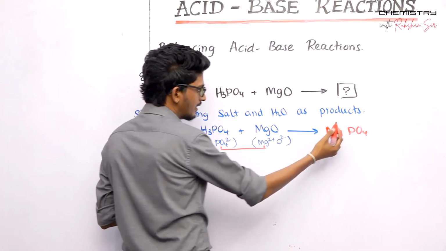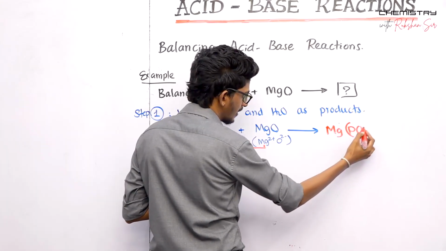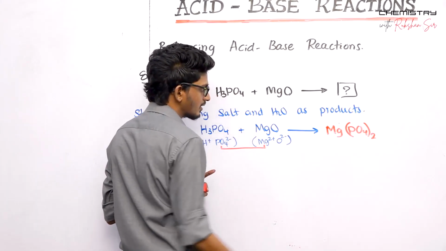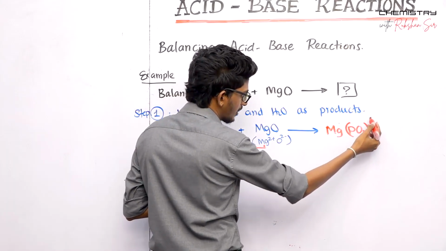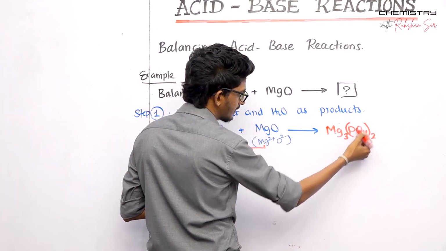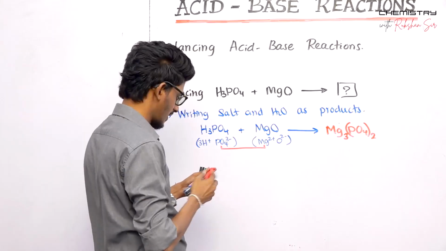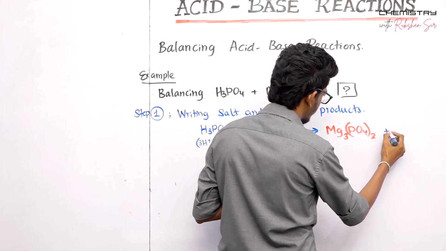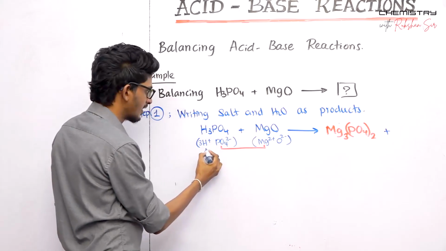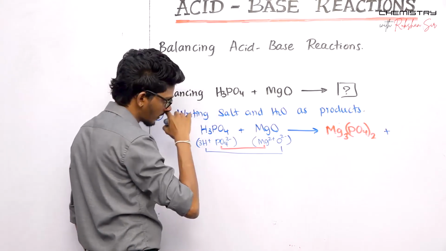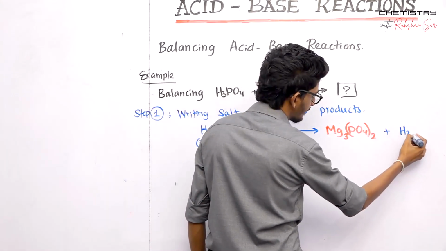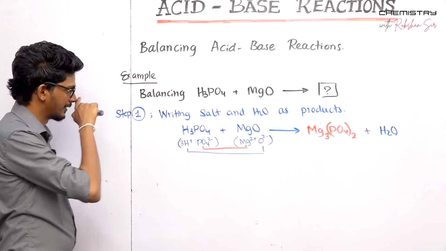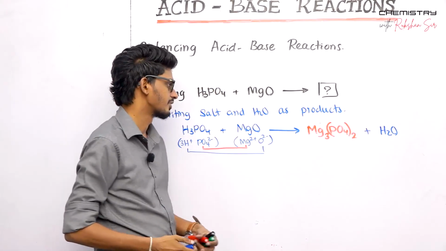Magnesium's valency should be written with the phosphate, Mg2 plus. Phosphate's valency should be written with the magnesium, PO4 3 minus, so there should be 3 here. Salt and water. So the H pluses and O2 minuses will connect to give you water. Actually, these are ion exchange reactions. Acid-base reactions are normally ion exchange reactions.